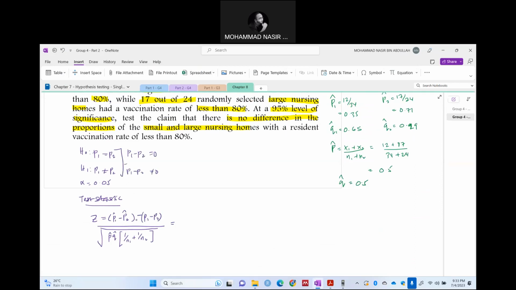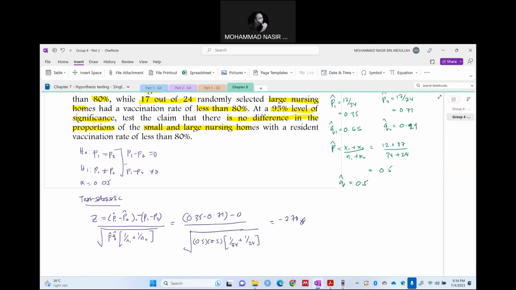So it should be 0.35 minus 0.71 minus 0, divided by the square root of 0.5 multiplied by 0.5, times 1 over 34 plus 1 over 24. So this should be equal to negative 2.70.